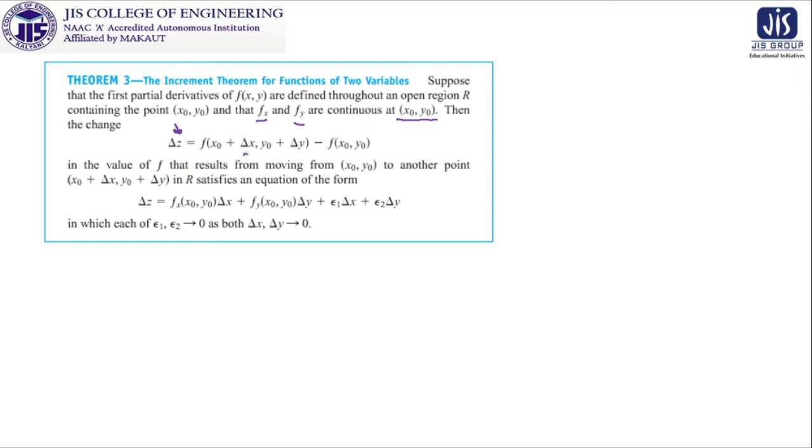So del x is the increment of x0, and del y is the increment of y0. So (x0, y0) is a point, and x0 and y0 are incremented from (x0, y0) to (x0 plus del x, y0 plus del y). We take the functional value at that point and subtract them.